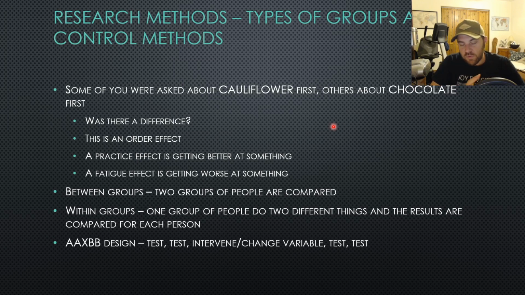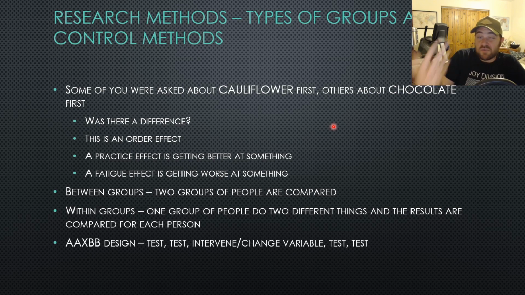One thing that you don't want to do is have an intervention that's actually helping, but there's a fatigue effect going on, so it looks like it's not helping, and then stop using it. If you do this pretest, intervention, post-test design, you can account for fatigue effects. And then if you subtract this fatigue effect from the actual intervention, you might actually see that the intervention is still helping.